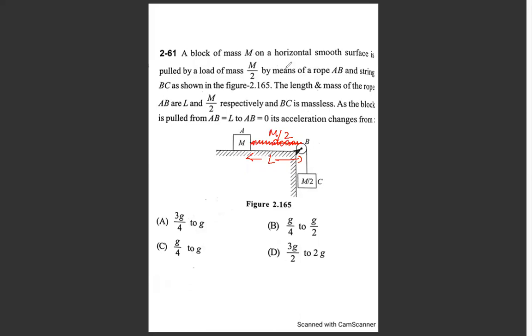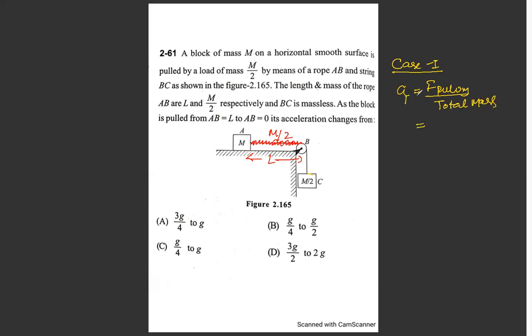In the initial situation, if we wish to find the acceleration in case 1, the net acceleration is equal to the net pulling force divided by the total mass to be pulled. Along with the two blocks, the mass of this rope will also be included.